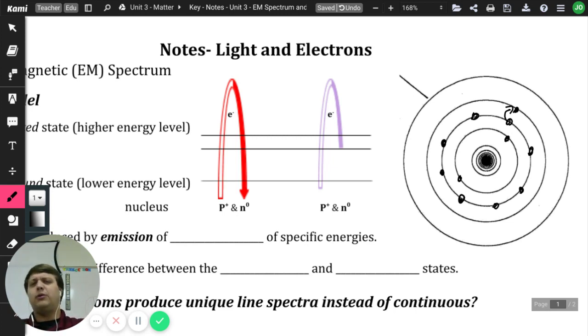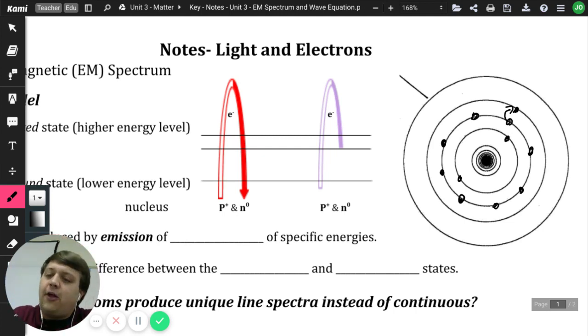Basically, those electrons have gathered in that energy, so they gather it in and jump up to another energy level. Eventually, just like when you jump up, you fall down, electrons do as well.